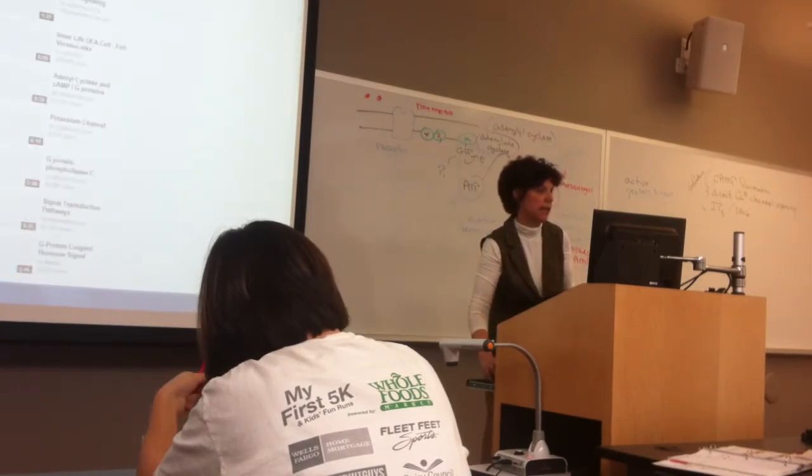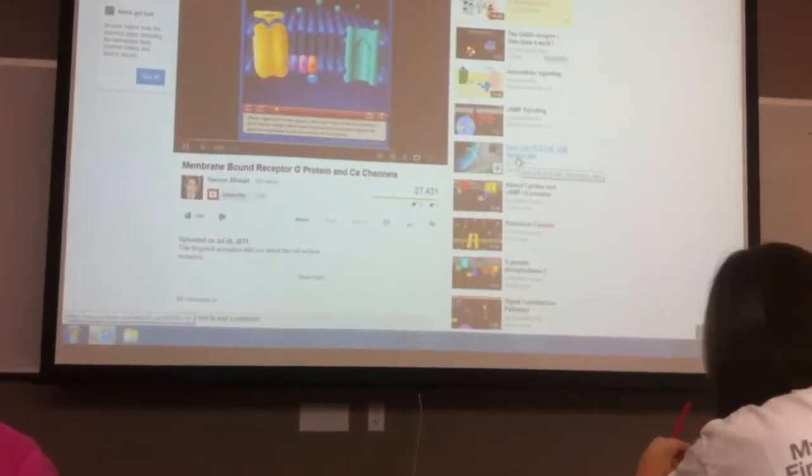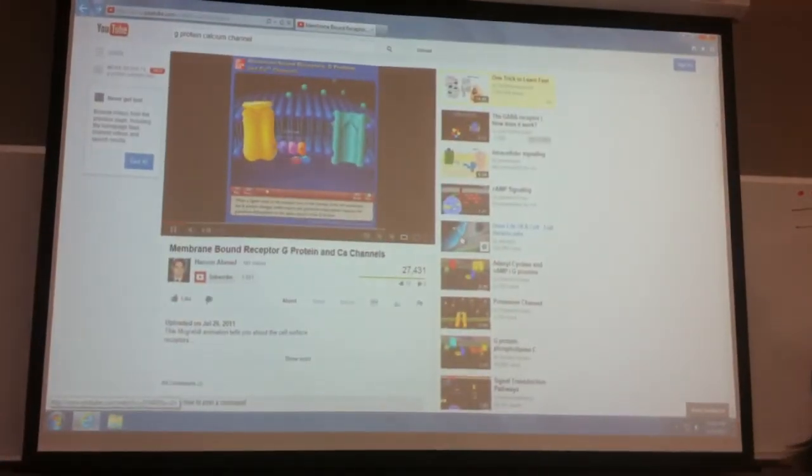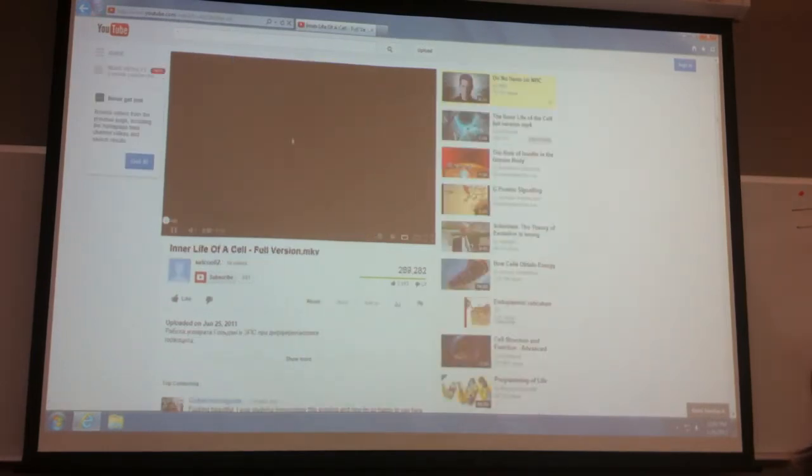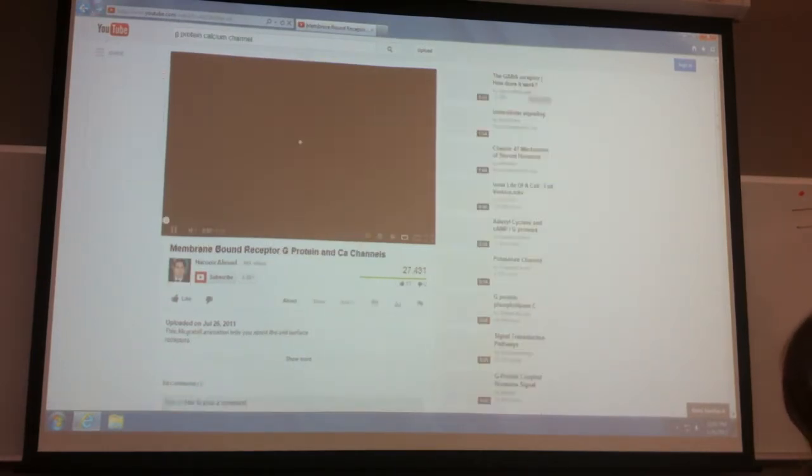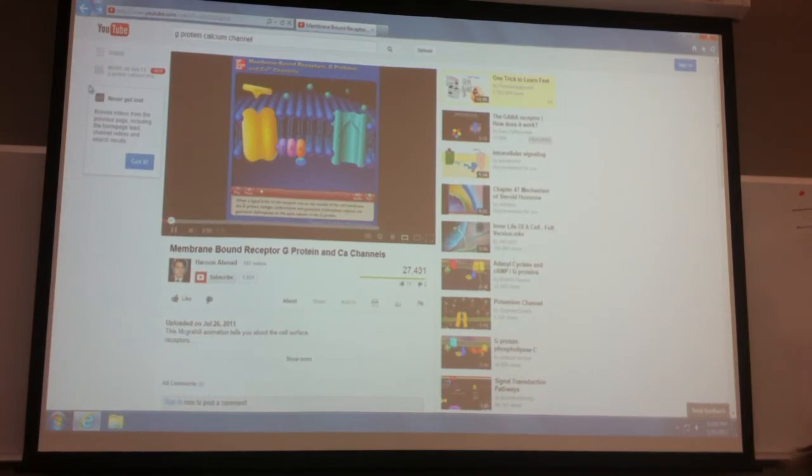All right, so now let's look at the third way. When the ligand binds to the receptor site, we look at the third mechanism that is functioning. We have a combination of the two.